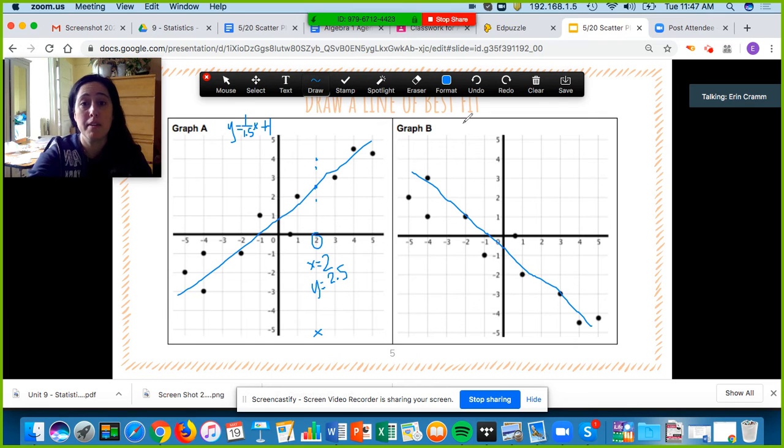For graph B, my line of best fit that I drew, the y-intercept is about at 0.5 on the negative side. Okay, and then it looks like it goes about down, let's say down 1/2 and over 1/2.